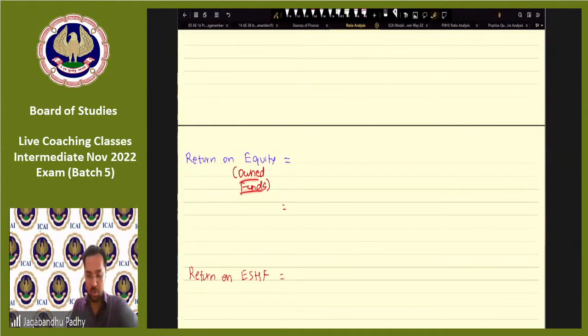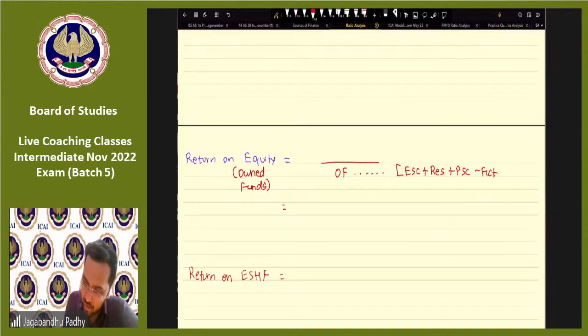Can you tell me what should be this formula? Obviously, in the denominator, we will have owned funds. Now remember, owned funds means equity share capital plus reserves plus preference share capital minus any fictitious assets. Okay, that's the owned funds.